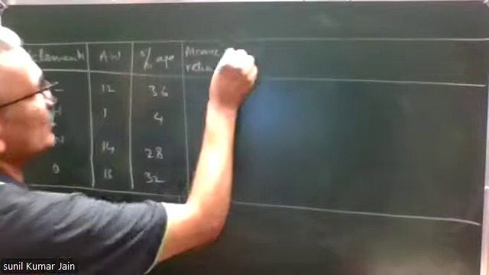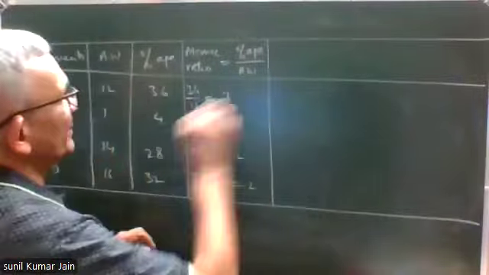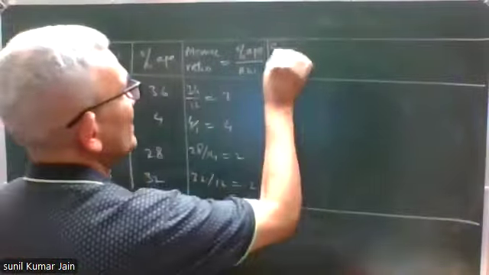For this numerical, I will use very simple data because I just want to make you understand how to solve. Next column will be simplest ratio.